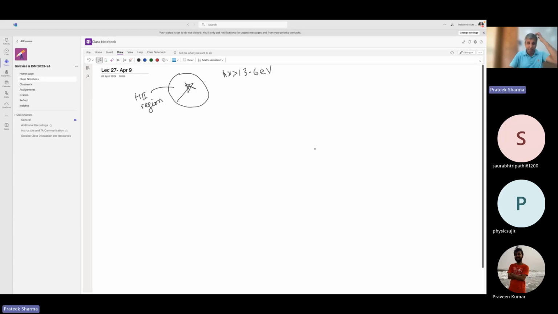Now, outside the H2 region, the gas is taken to be neutral. Inside it, it's almost fully ionized. It's not totally fully ionized because it's in steady state at all points. So the rate at which ionization happens is balanced locally by the rate at which recombination is happening.